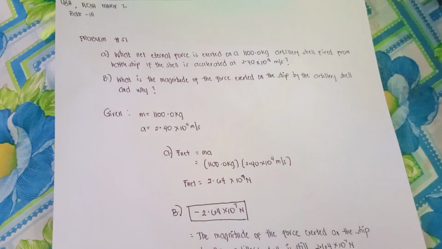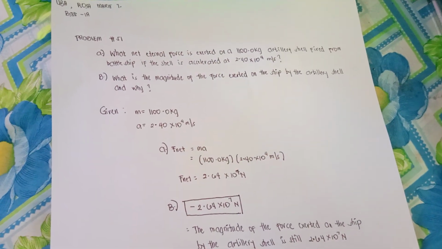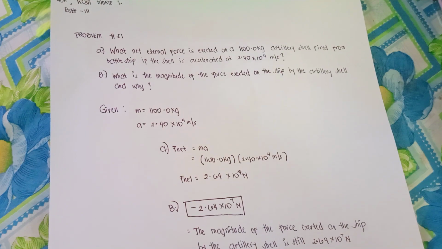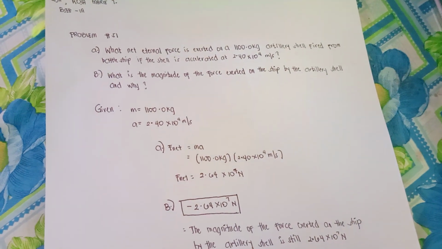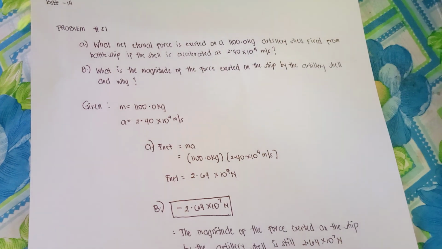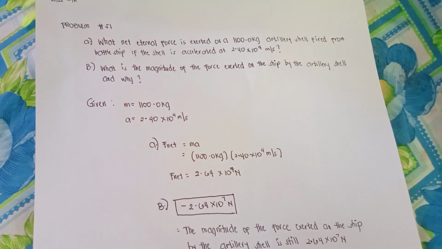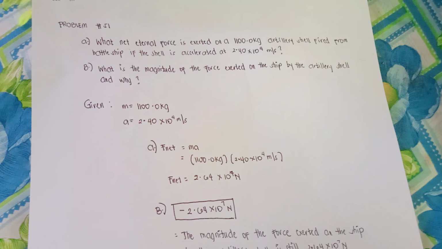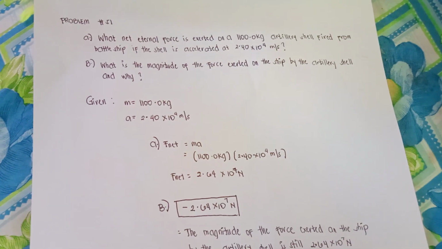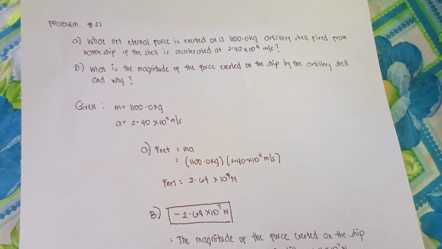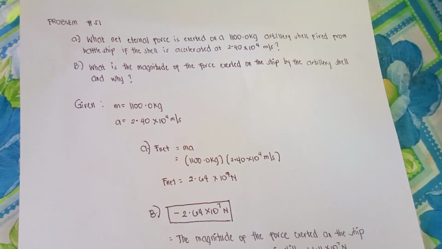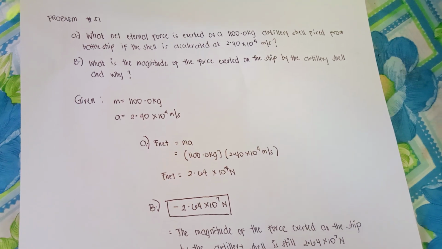And for problem set number 4, A: what net external force is exerted on a 1,100.0 kilogram artillery shell fired from a battleship if the shell is accelerated at 2.40 times 10 to the power of 4 meters per second squared?